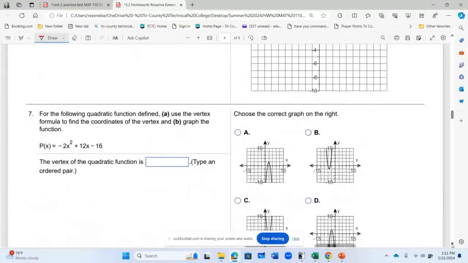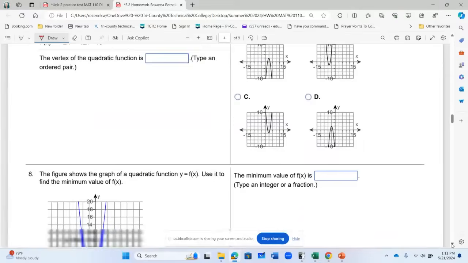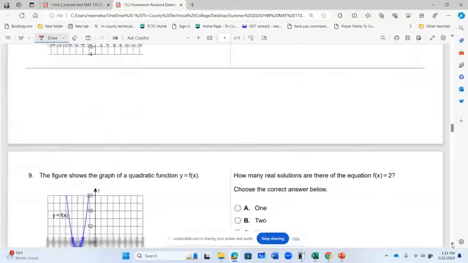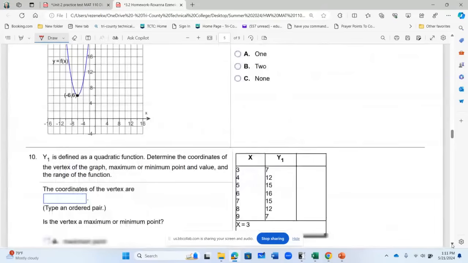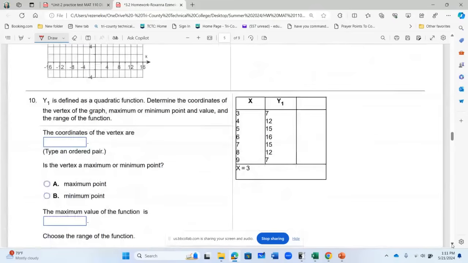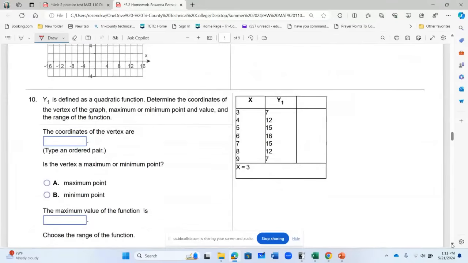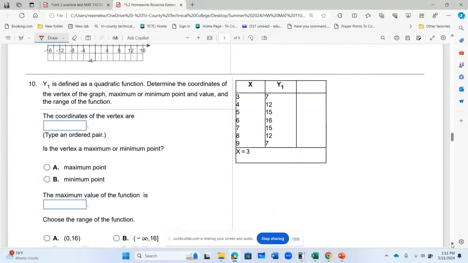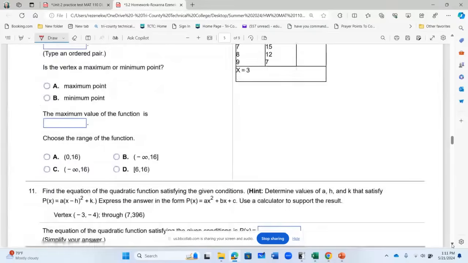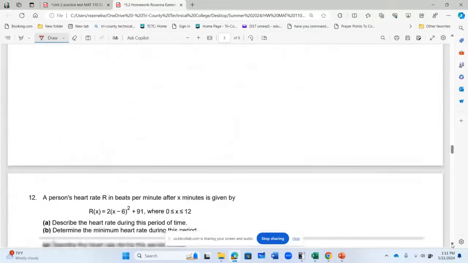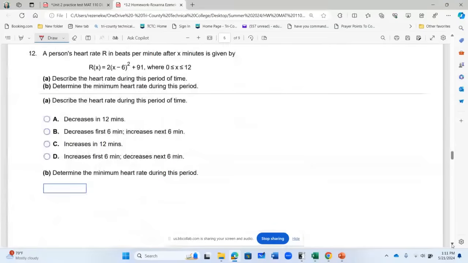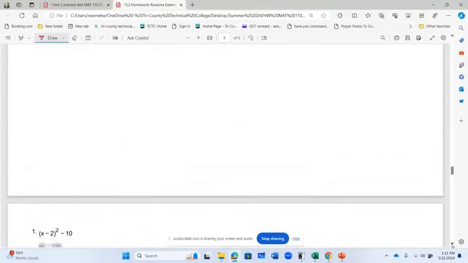Let's see. If I don't see completing the square here, I will go to, all right, determine the coordinates of the vertex, which means you have to graph the function. All right, so it didn't ask me to do a whole lot here.